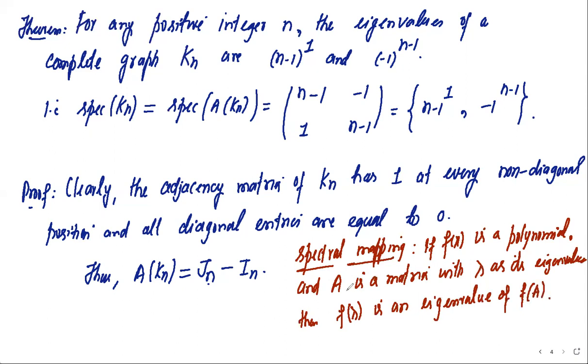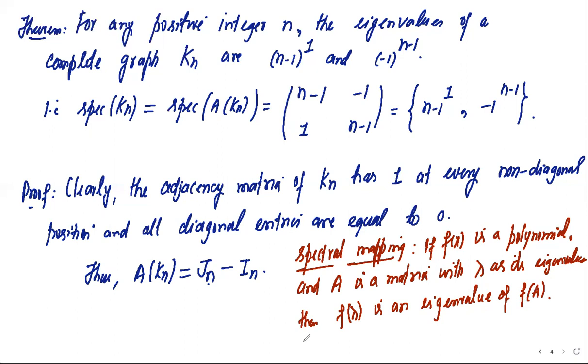So therefore, if A is any matrix and f of x is a polynomial, then f of A is a matrix polynomial. So if lambda is an eigenvalue of A, then corresponding to this lambda, f of lambda is an eigenvalue of f of A. And in fact, from the proof, it can easily be seen that if x is the eigenvector of A corresponding to lambda, then the same x is the eigenvector of f of A corresponding to f of lambda.